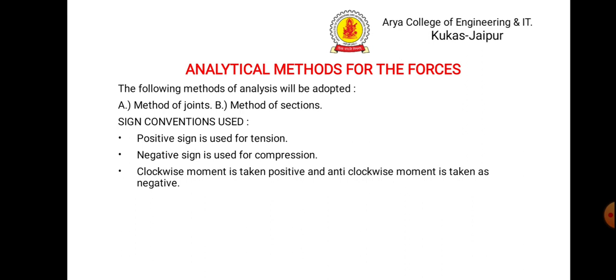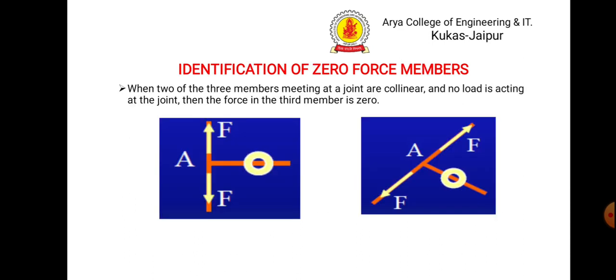Now the first thing that you will have to do is find the zero force members, that is, the members where the force is zero. So there are different cases. The first one is when two of the three members meeting at a joint are collinear and no load is acting at the joint, then the force in the third member is zero.